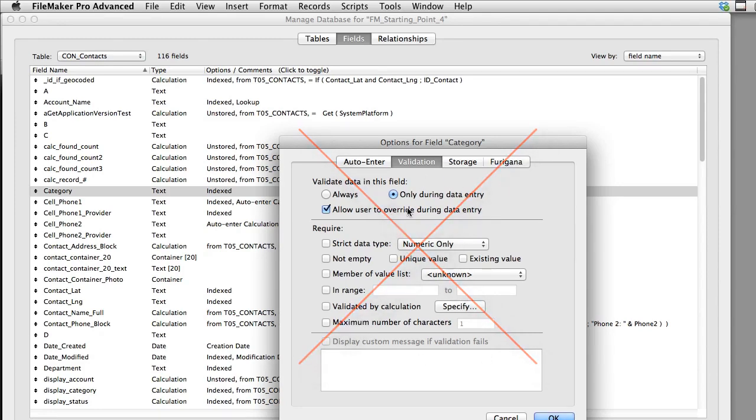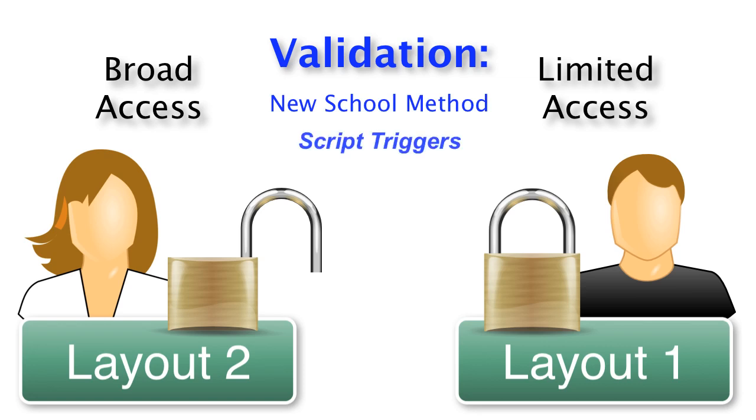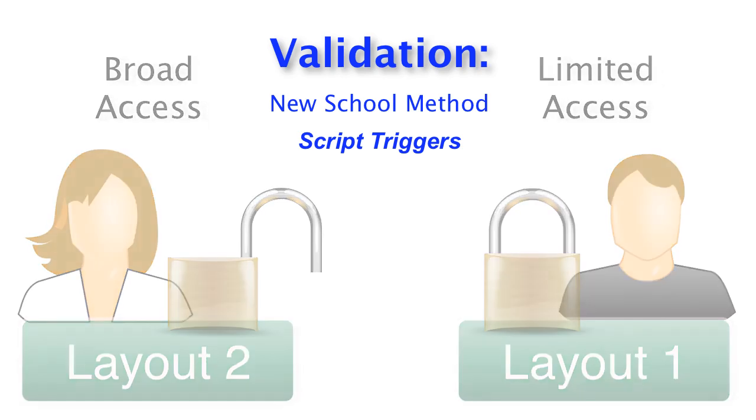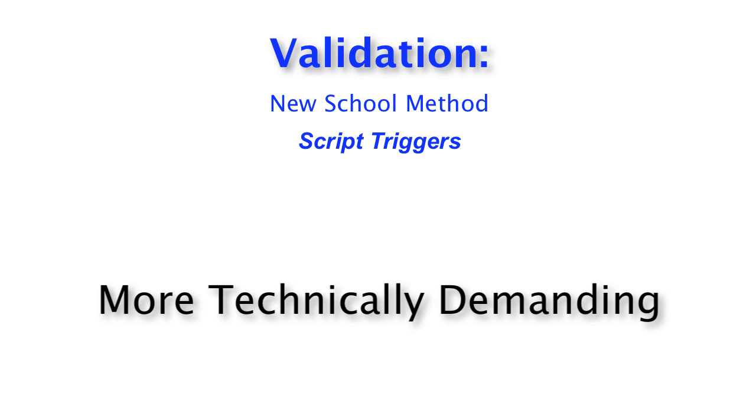That's why generally for the development that I personally do, I try to use the more modern script triggers to set up those validations. Now, to be perfectly clear, writing script triggers to do validation is more technically demanding. Once again, that's why I'm giving you the 20,000 foot view here.